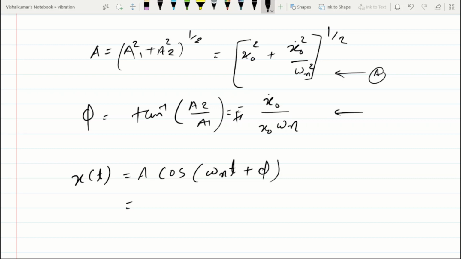This one is tan inverse of x dot 0 divided by x0 omega n.